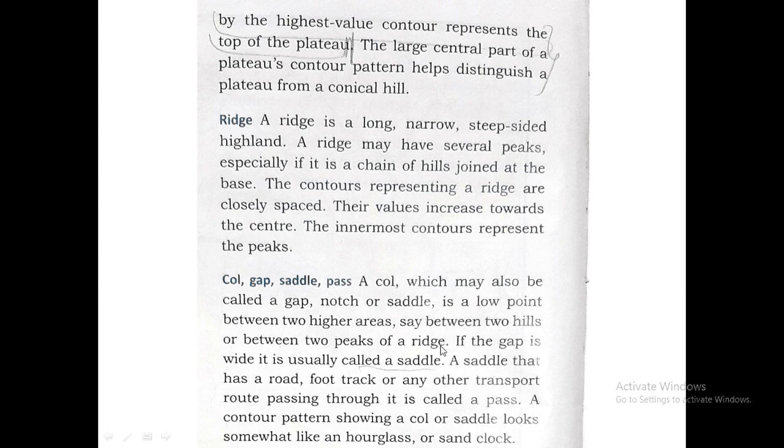If the gap is wide, it is usually called a saddle. A saddle that has a road, or a foot track or any other transport route passing through it, is called a pass.